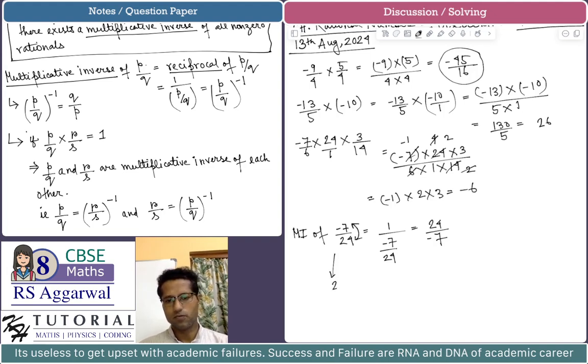So it becomes 24 by minus 7. Now this is not in standard form. It is better to convert any result to standard form. If you cannot do the standard form, at least make the denominator positive. So this is equal to minus 24 by 7.